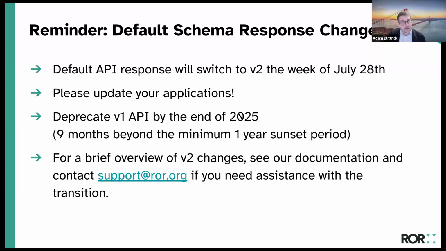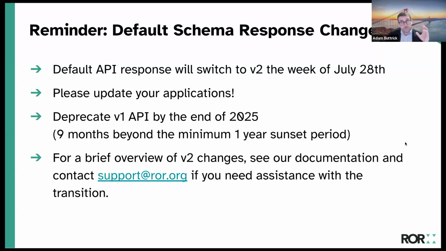So remember, in our API, you can send an unversioned request, or you can send a versioned request that says V1 or V2. So we ask that you please review your applications as well as our documentation and make any updates that are needed to accommodate the schema change.